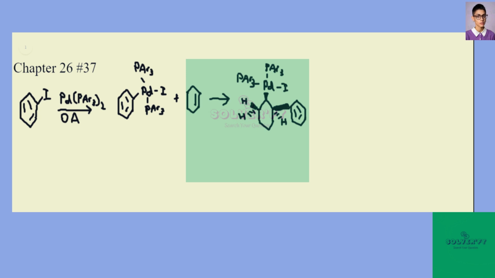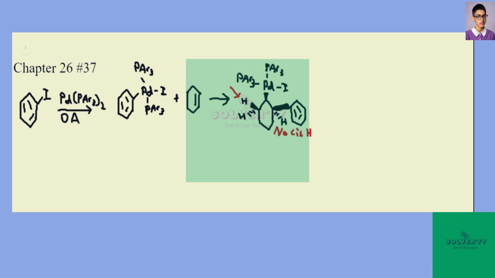And so since we need to do a syn elimination here, it's going to have to be this hydrogen that eliminates. And since there is no cis hydrogen on this side, that is why we don't get that product F that we might expect, and we only get product E.